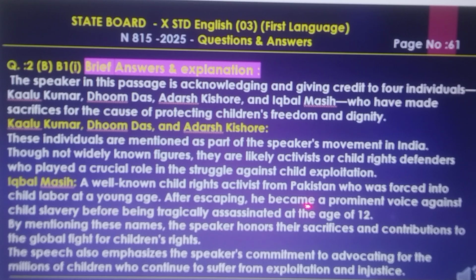After escaping, he became a prominent voice against child slavery before being assassinated at the age of 12. By mentioning these names, the speaker honors their sacrifice and contributions in the global fight for children's rights. The speech also emphasizes the speaker's commitment to advocating for the millions of children who continue to suffer from exploitation and injustice.